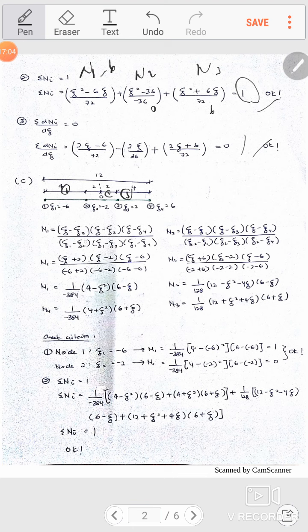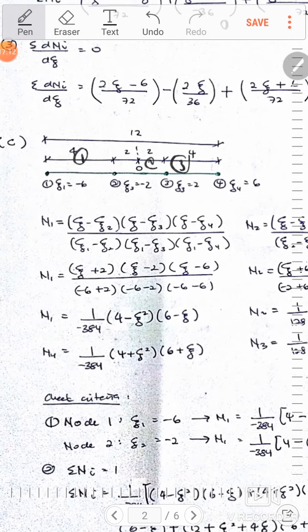N1 equals zeta minus zeta 2 times zeta minus zeta 3 and zeta minus zeta 4. The down rule: zeta 1 minus zeta 2, zeta 1 minus zeta 3, and zeta 1 minus zeta 4.